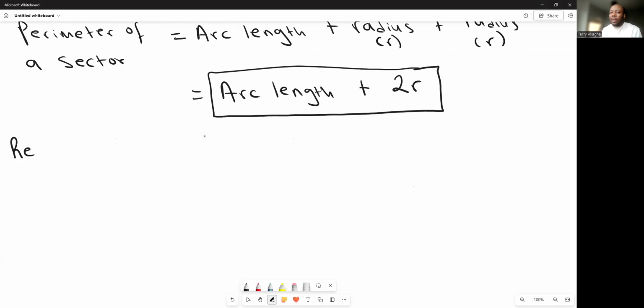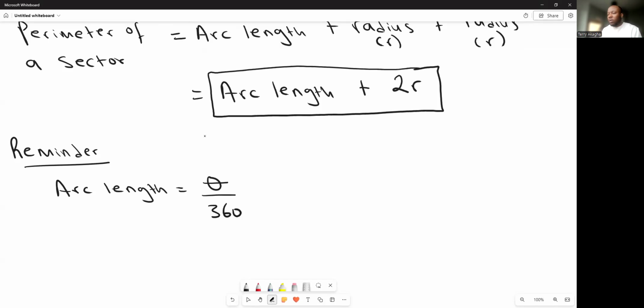In degrees, the arc length is equal to theta over 360 times 2 pi r, or you can say theta over 360 times pi d.